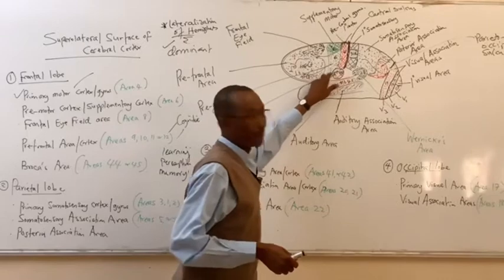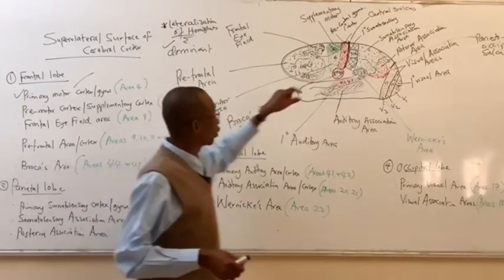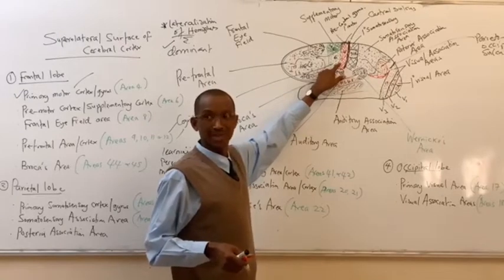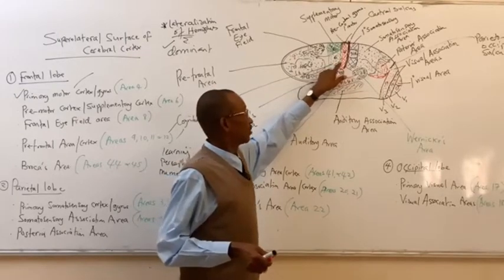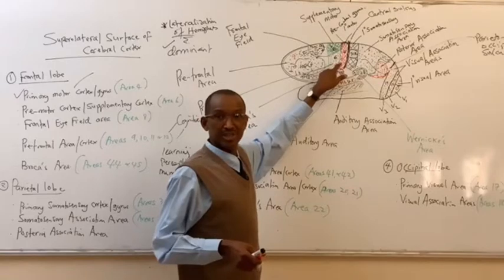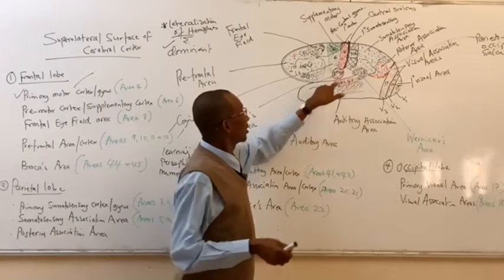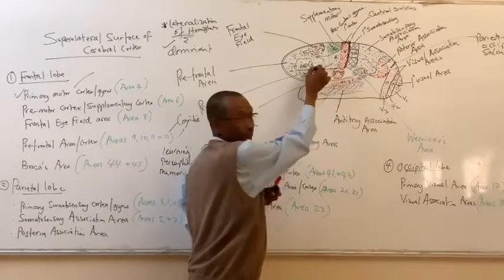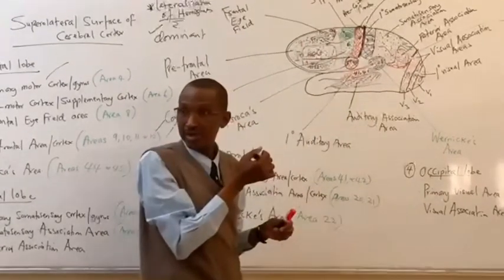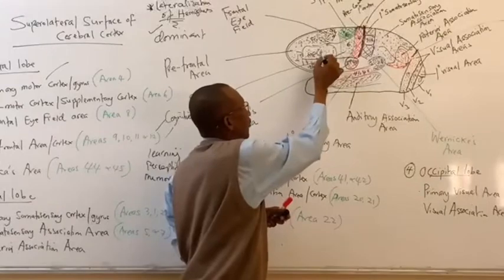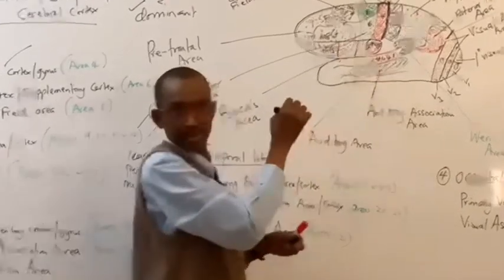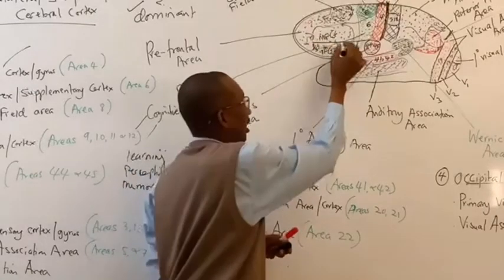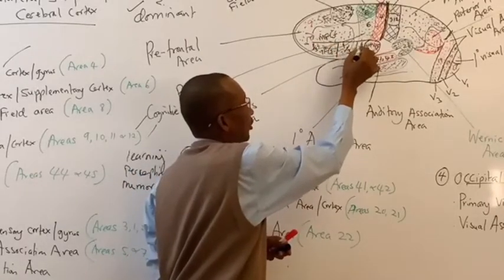But another important area is lying just inferior to the primary motor cortex. That means on the Precentral Gyrus. So this one, if you can remember, we said this portion is the inferior frontal gyrus, right? When you divide the inferior frontal gyrus into 3 parts, we have anterior 1/3, middle 1/3, and posterior 1/3.